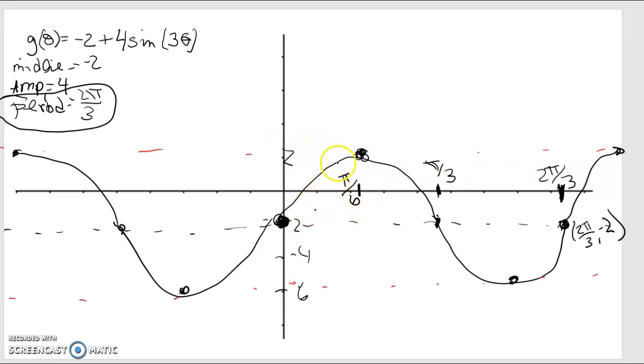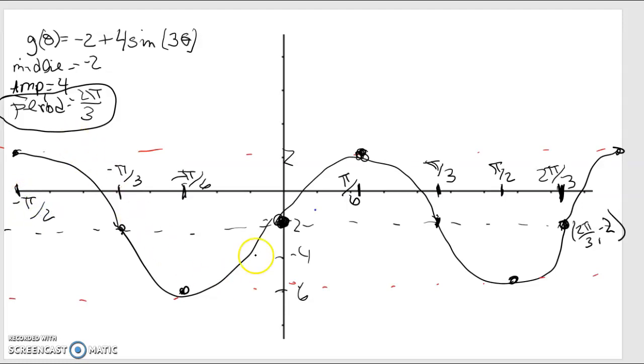So now I know that if that's pi over 6, this is 2 pi over 6. This is 3 pi over 6, but 3 pi over 6 reduces to pi over 2. That means I'm going backwards pi over 6 to get to here, going backwards 2 pi over 6 to get to here, and that reduces to -pi over 3, and 3 pi over 6 to get to here, which is -pi over 2.